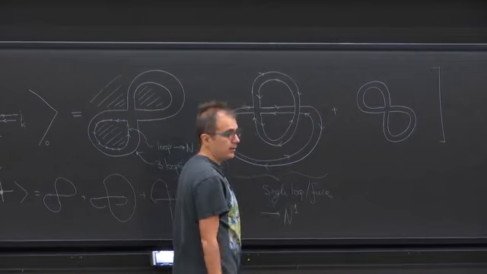Okay. Now let's continue. So we conclude that we get twice this diagram, right? The first and third are the same type of diagram topologically.